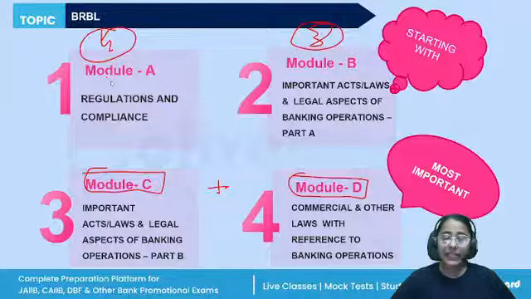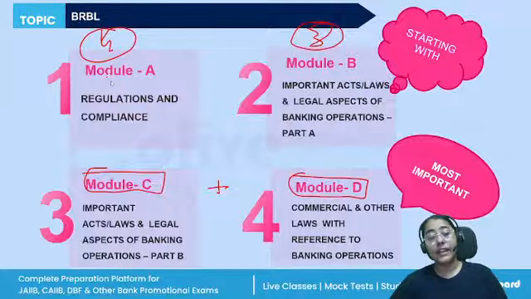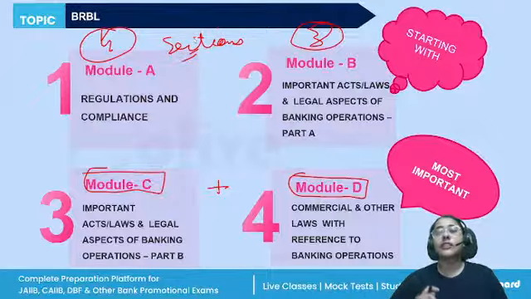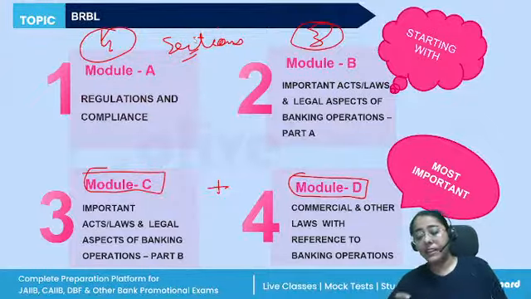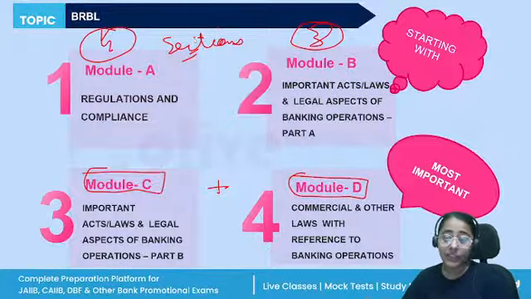So priority highest, module D and C, then B, and then finally A. But module A is also important when we are talking about sections. Particular sections are also asked in your BRBL paper. Like, which section of the Banking Regulation Act deals with the prohibited business of banking?